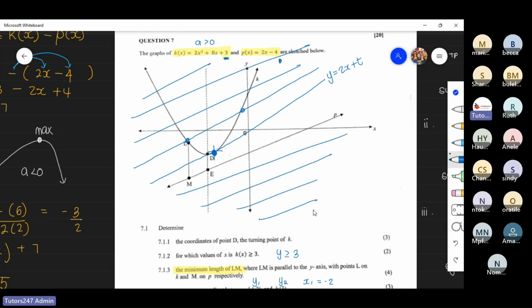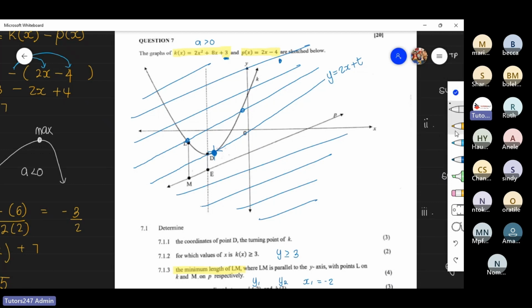So our value of t needs to be such that it's not too high, whereby it's cutting the function multiple times, and it's not too low, whereby it's not going to cut the function. It needs to be positioned between an area whereby it is only cutting the function once. If it cuts the function once, the discriminant must be equal to 0. Always keep that in mind.